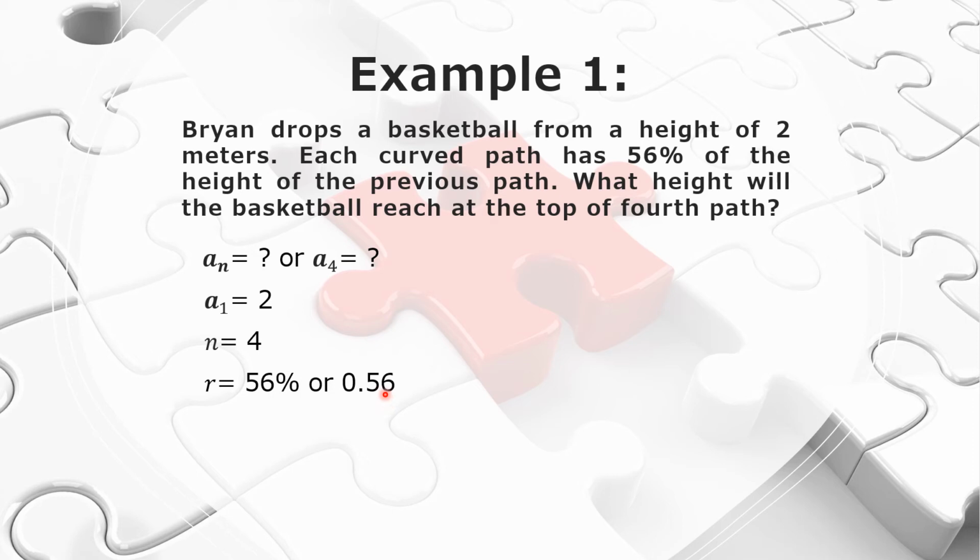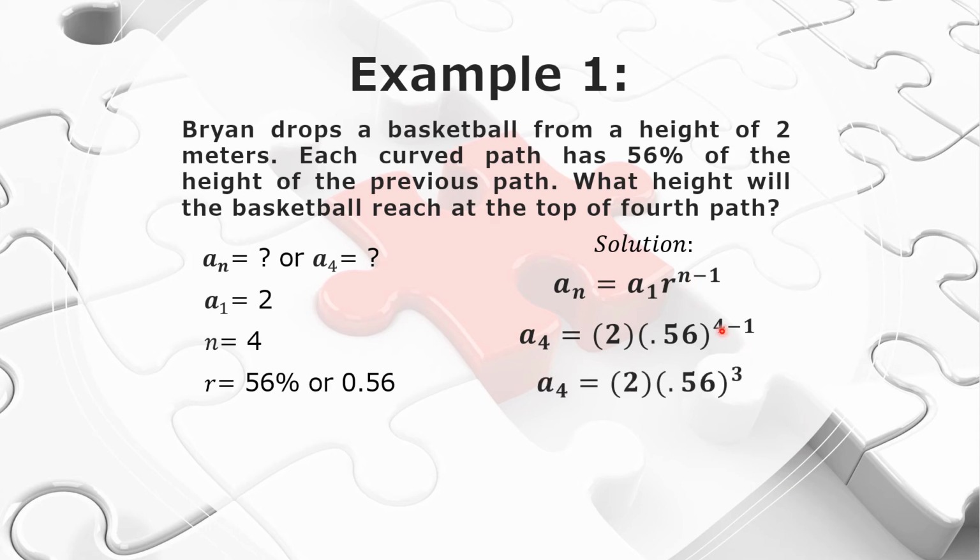Paano ko siya nakuha? Nakuha ko siya sa pag-divide. So, divide ko yung 56 sa 100. Solution. Formula natin ay ito. Then, substitute. A sub 1 is 2. r is 0.56 and n is 4. So, unahin natin dito is 4 minus 1 is 3.